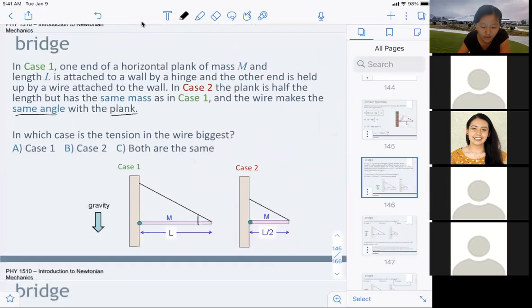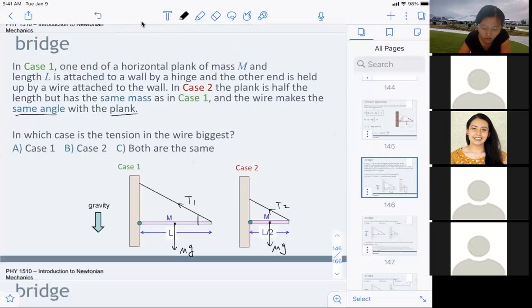So in which case is the tension the biggest? So you can see that, okay, if I were to draw the force tension in one, and this is my gravity, again, gravity acted from the middle point, the mg. Now do the same thing. I have tension in two, and again, I have gravity mg.